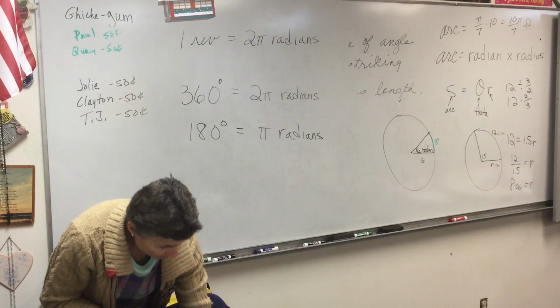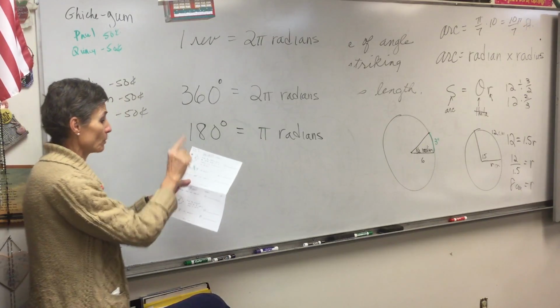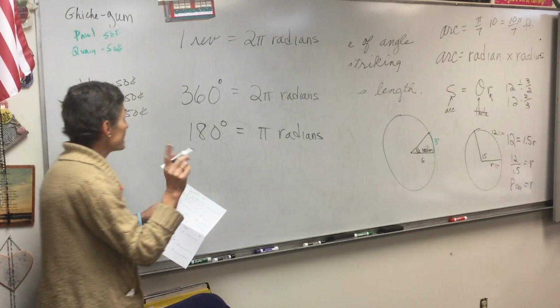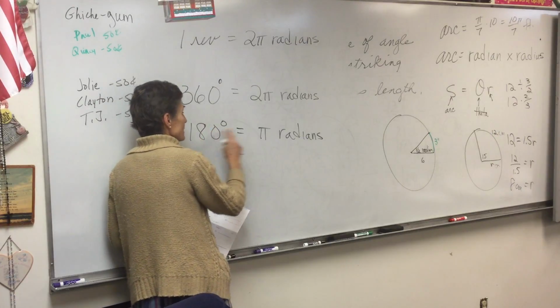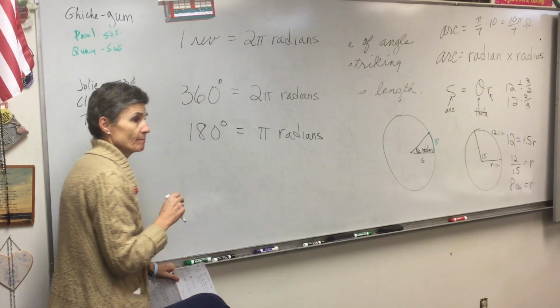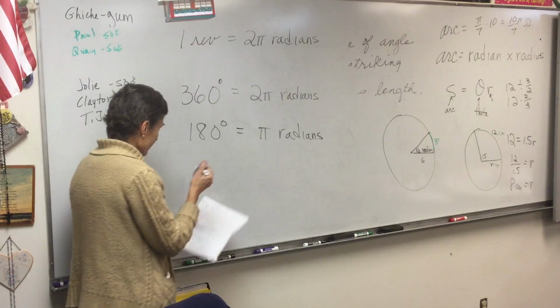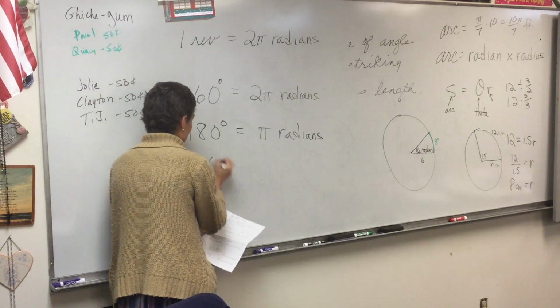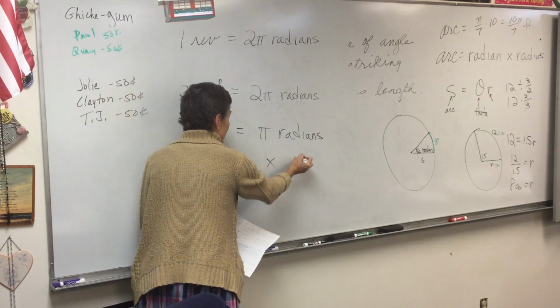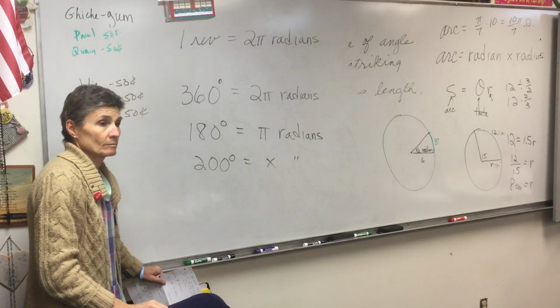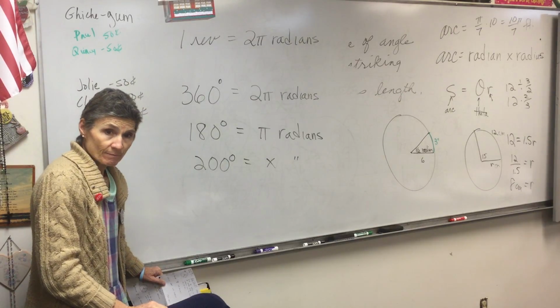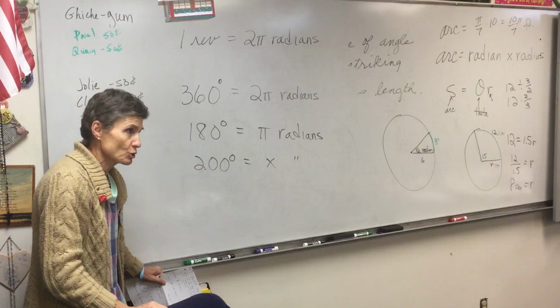So question number 3, I'm looking at the top quiz. I know that 180 degrees is pi radians. And I want to figure out 200 degrees is how many radians? So you can set up a proportion.